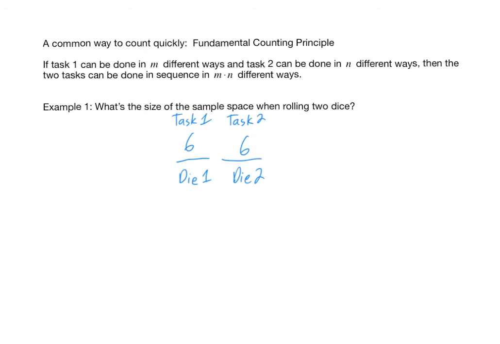So if you're going to do both of them in sequence, i.e. you're going to roll both of the dice, then you can take the product of those two to get the total number. And 6 times 6 gives you 36 total outcomes. This is a quick and easy way to find the size of the sample space. In fact, that number is so important, it showed up as the denominator in each of the probabilities in that particular problem. Let's try another problem like this.